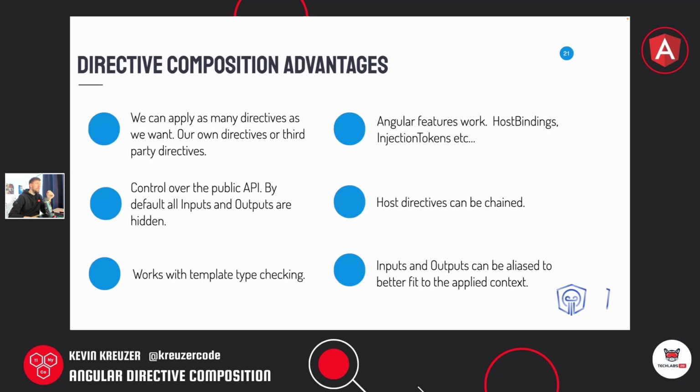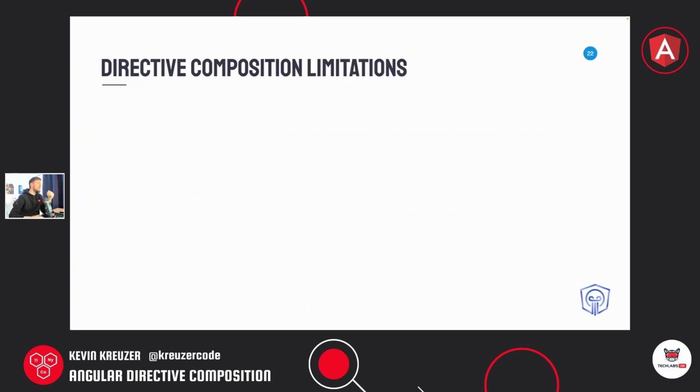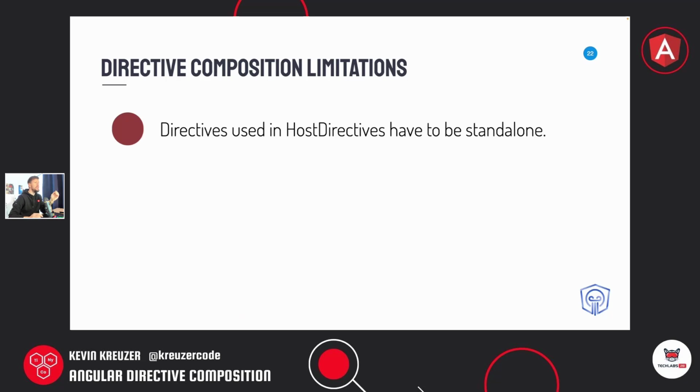There are also a bunch of limitations or just things to be aware of when you start working with this API. You can only use it with standalone directives. So that's one thing to be aware of. But I think the Angular error is so precise that even if you forget this, you will be reminded very quickly.